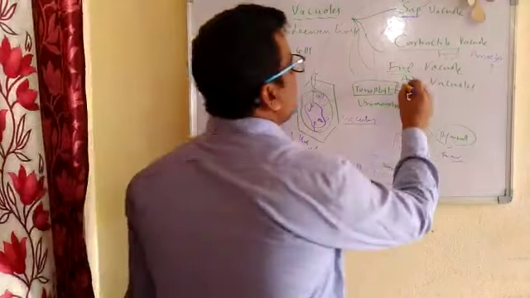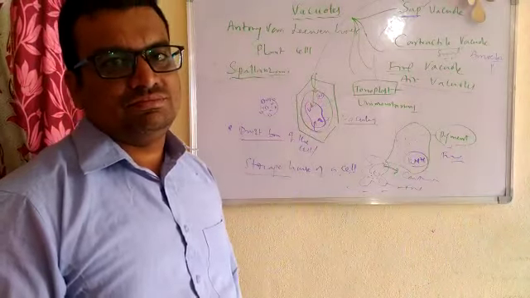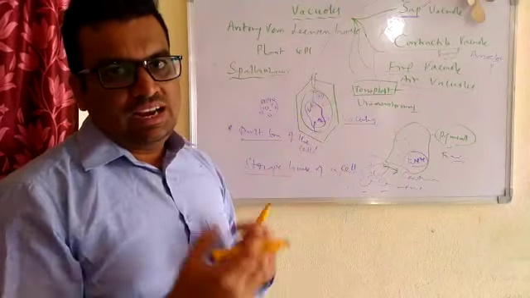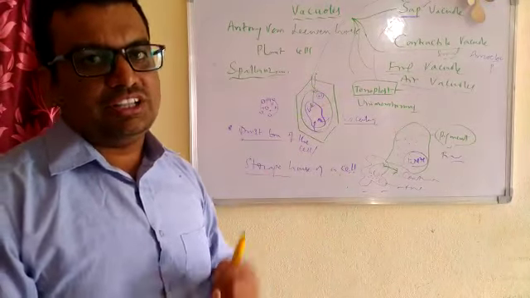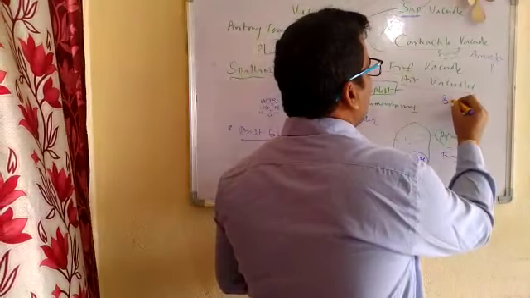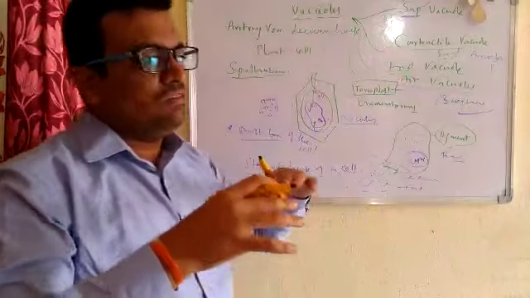The last one is air vacuoles. Can you guess the importance of air vacuoles, children? You know that hydrophytes which float in the water have sponge-like structures in their body, and they store air. It helps in maintaining buoyancy. What is buoyancy? Buoyancy means floating over the water.